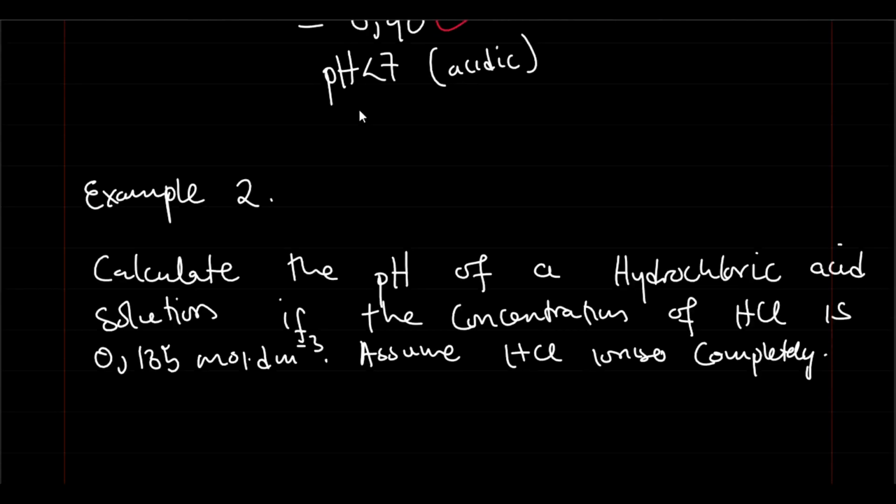So now here the question said calculate the pH of hydrochloric acid solution if the concentration of HCl is 0,135.